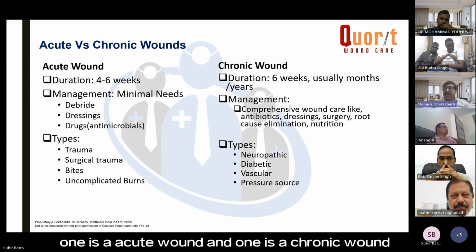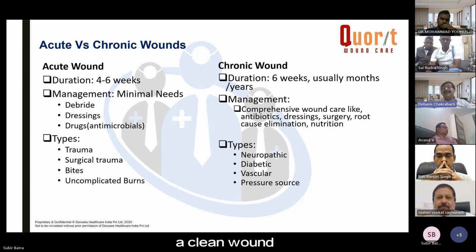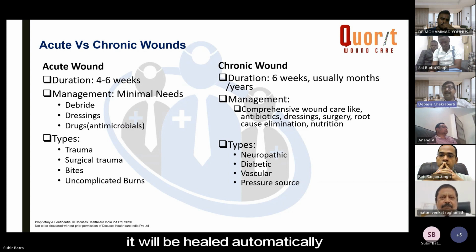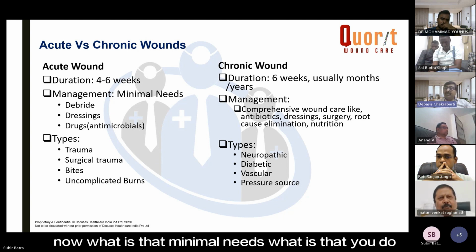Now, there is a very clear differentiation between two wounds. One is an acute wound and one is a chronic wound. An acute wound is generally a clean wound. If you don't do anything, it will heal automatically by the body's own mechanism within 4 to 6 weeks. Now, what are the minimal needs for this acute wound?